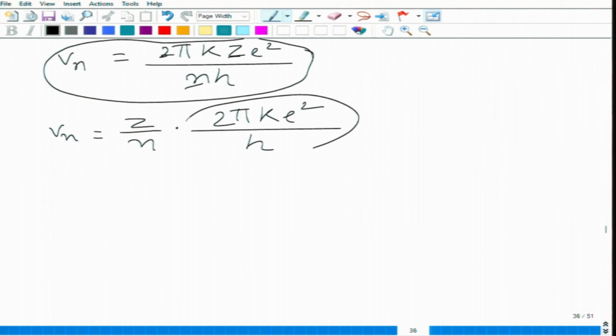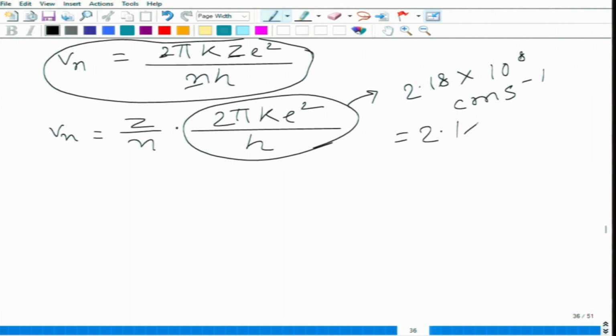Now this term has a value of 2.18 into 10 to the power 8 centimeter per second. So this can also be written as 2.18 into 10 to the power 6 meter per second.